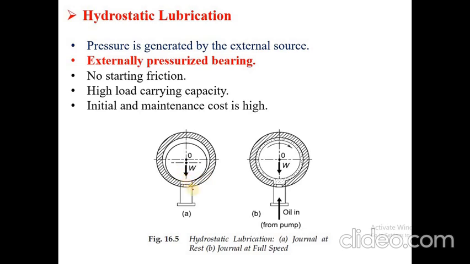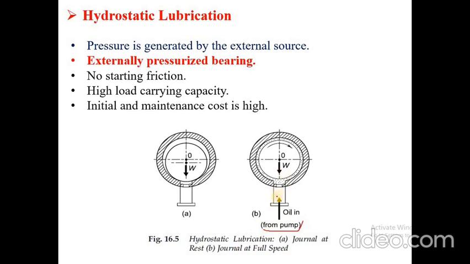Now what happens? The external source is used to supply the oil. Whereas in the earlier case, shaft was rotated and then with the increase in speed, the pressure generated was increasing. Now in this case, externally pressurized oil is supplied in the bearing.